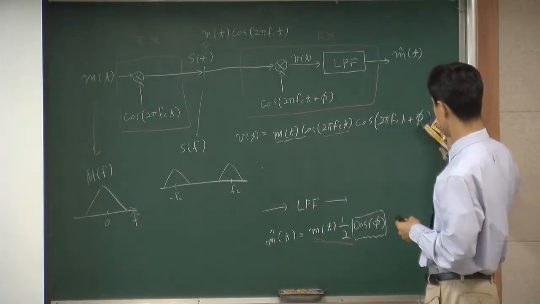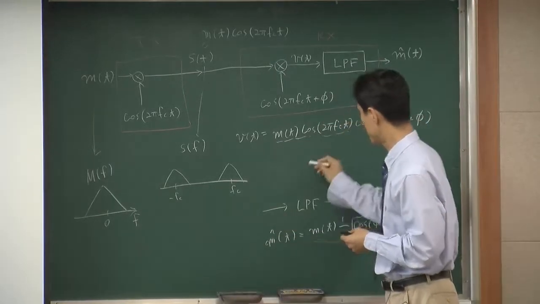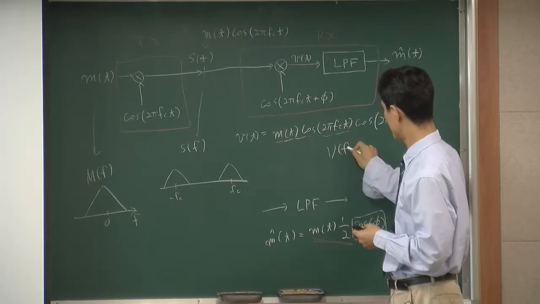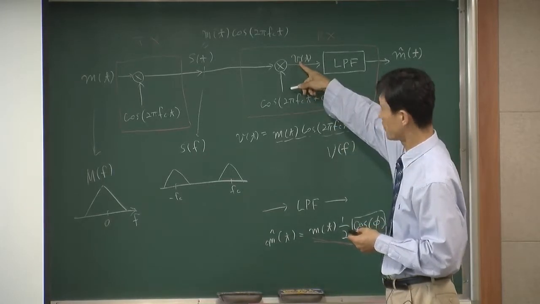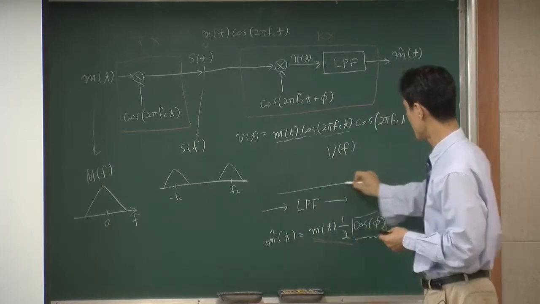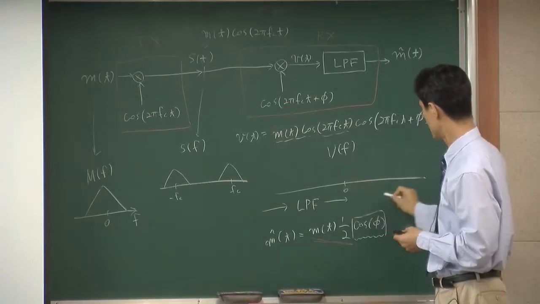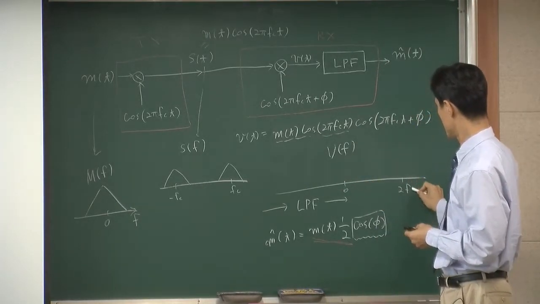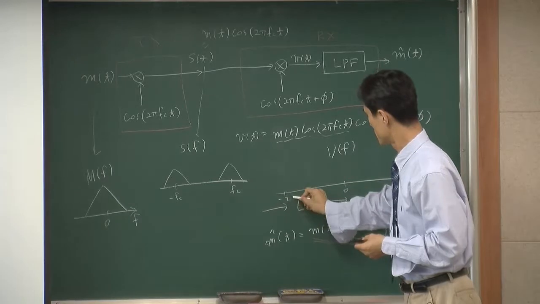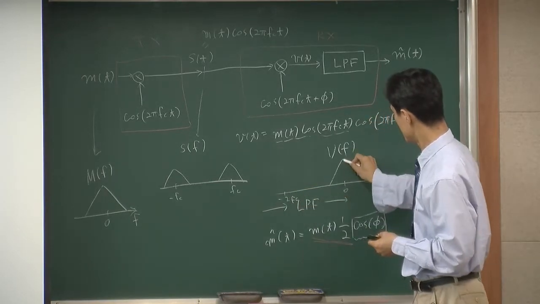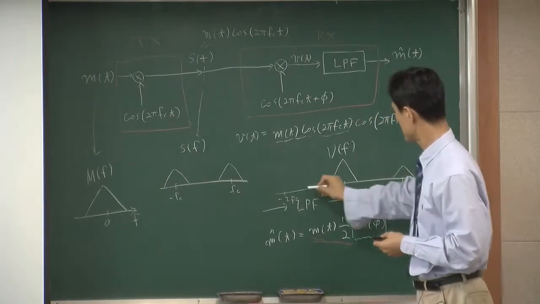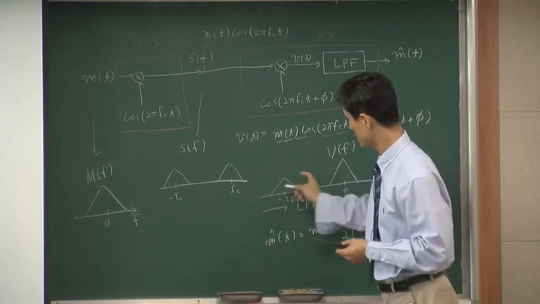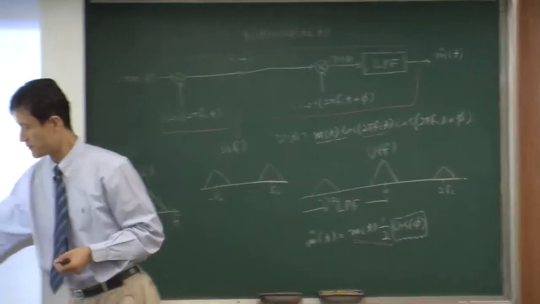Now when you look at this V(f), which is the frequency response of v(t), what does it look like? It looks like this, right? That's the picture you see here.